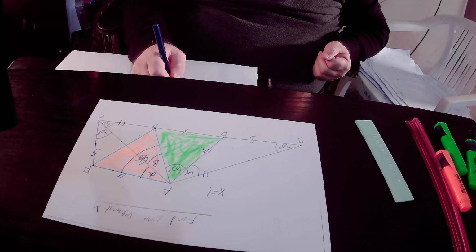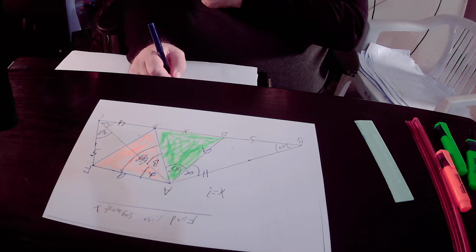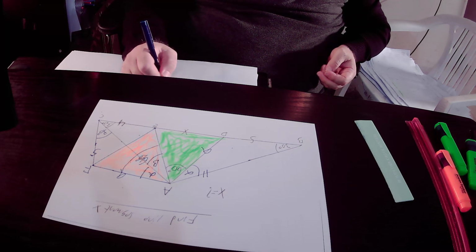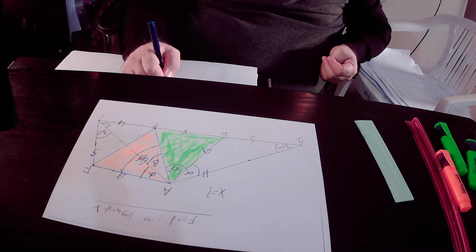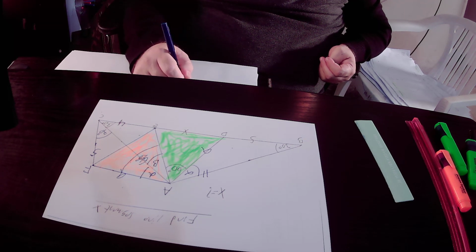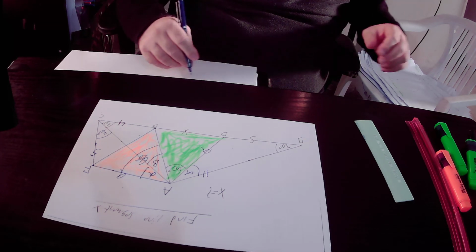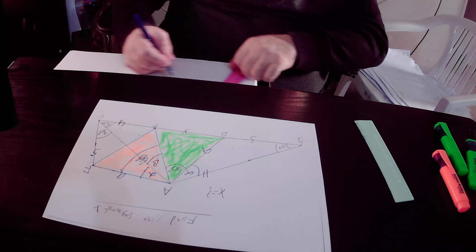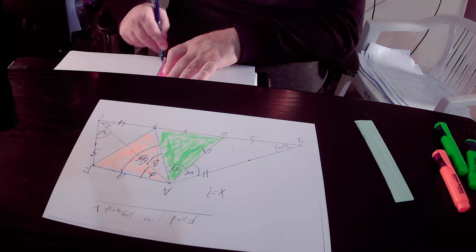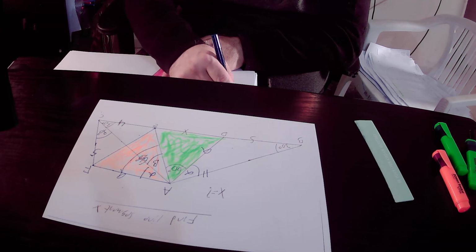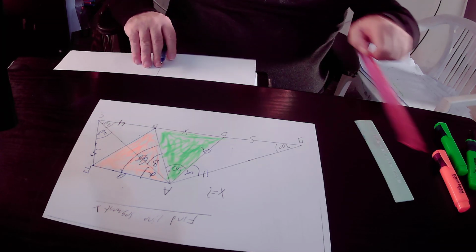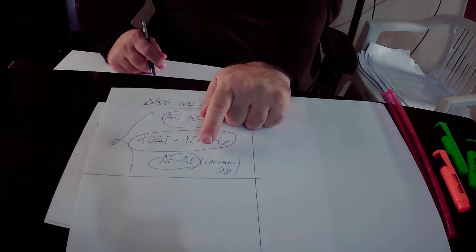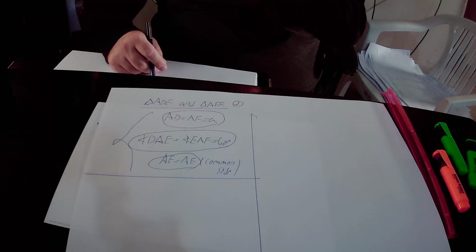It's a common side that belongs to both triangles. Repeat again. Side AE equals itself, it is a common side that belongs to both triangles.